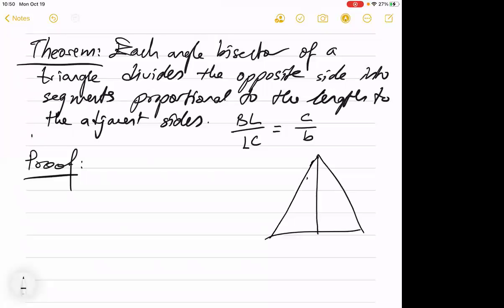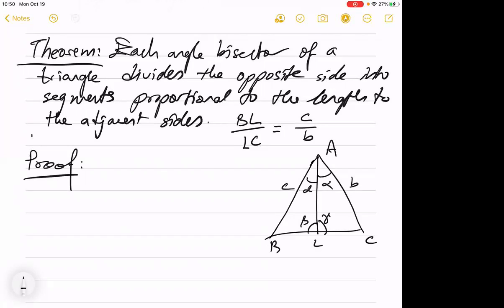Something like this, so that this angle is alpha, that angle is alpha. Suppose that this angle is beta, that angle is gamma. And this is B, C, L, A. That side is b, this side is c, and this whole side is a.